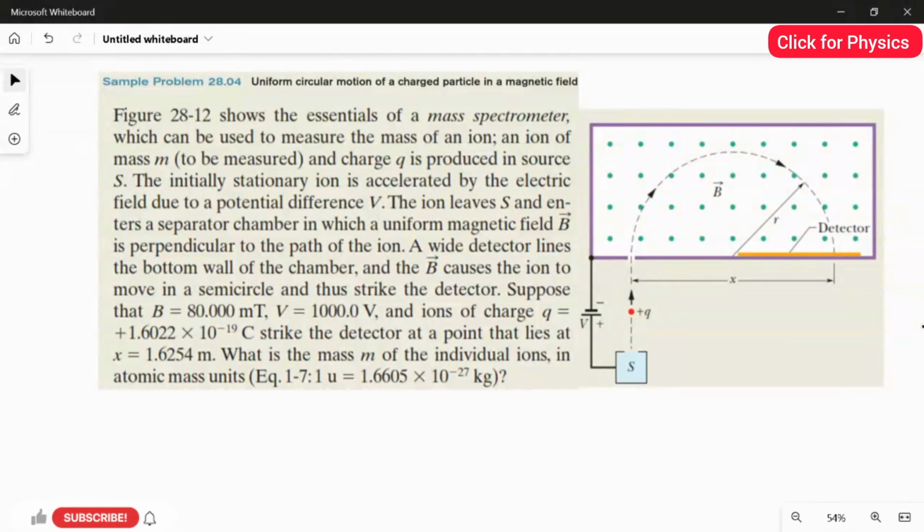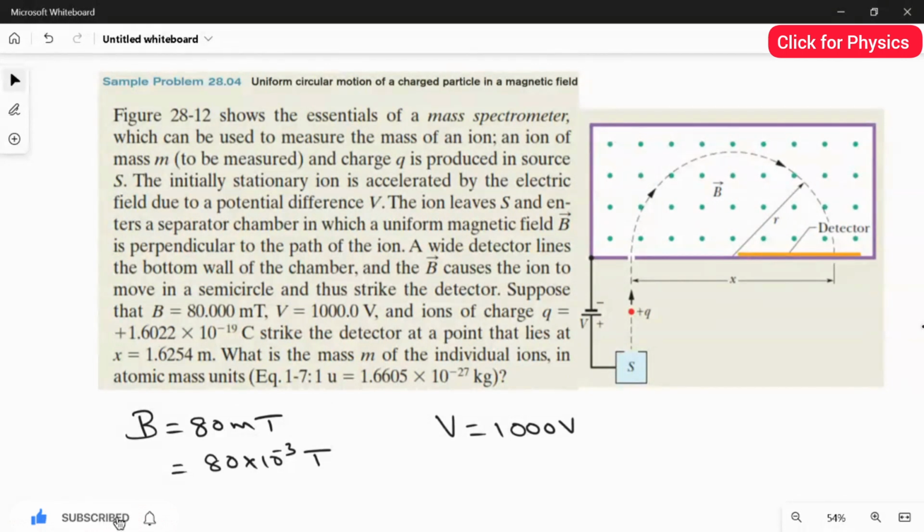So let's write the given first. What is given in the question? The uniform magnetic field is given. What's the value? 80 millitesla. So 80 millitesla, in terms of Tesla, we can write 80 multiply 10 power minus 3 Tesla. And what is the potential difference given? Which is 1000 volt.